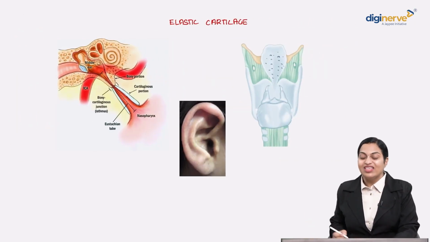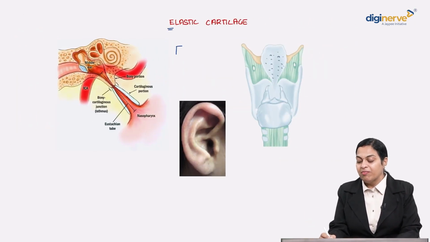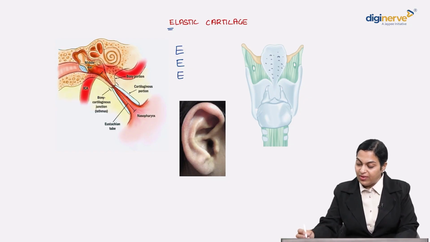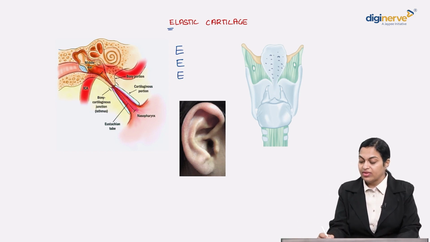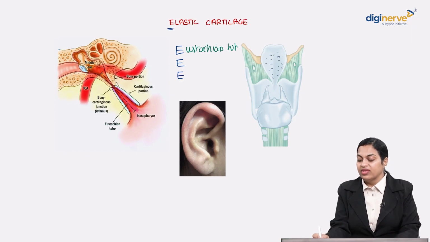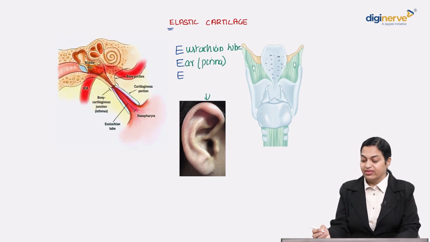What about elastic cartilage? Remember 3 E's. What are they? So, the eustachian tube that you see here, connecting the middle ear cavity to the nasopharynx, right? And then the pinna of the ear, external ear.